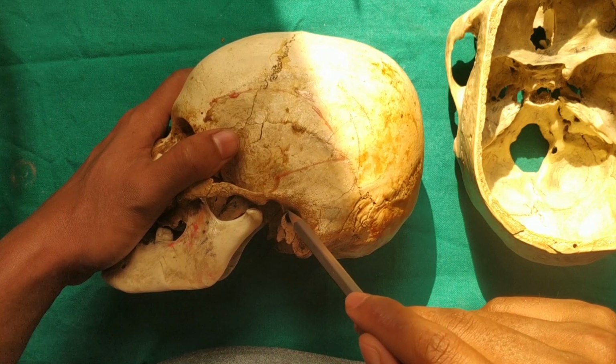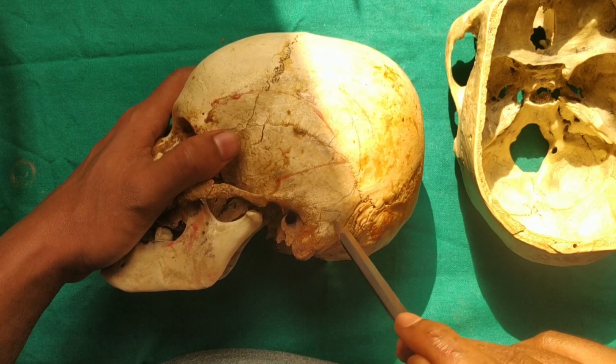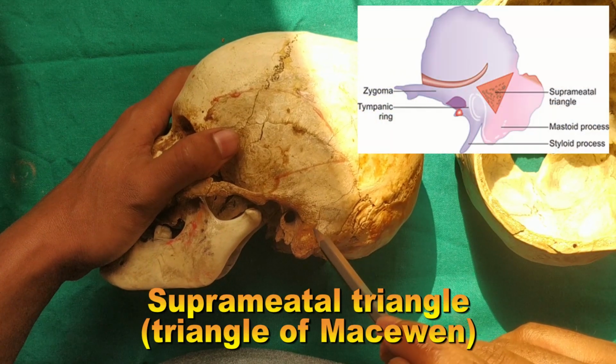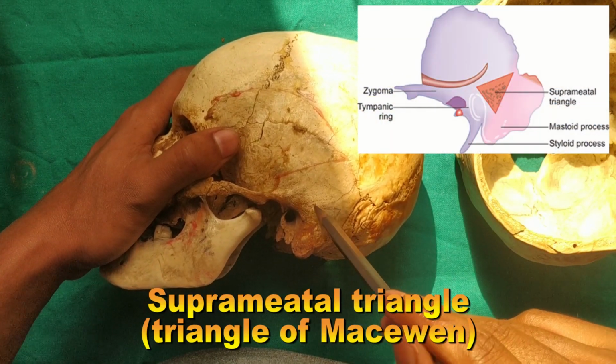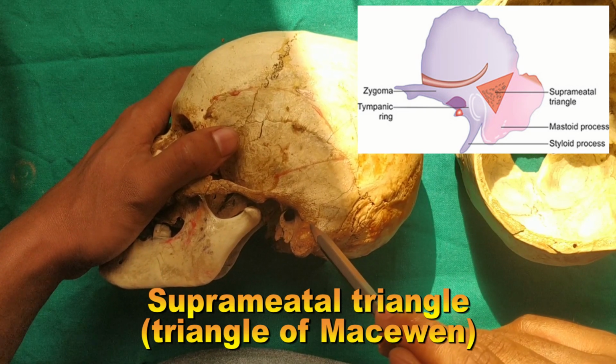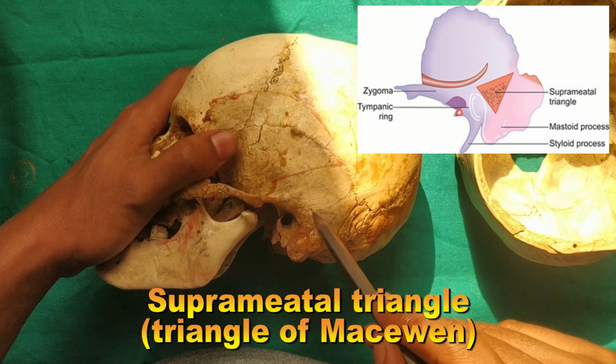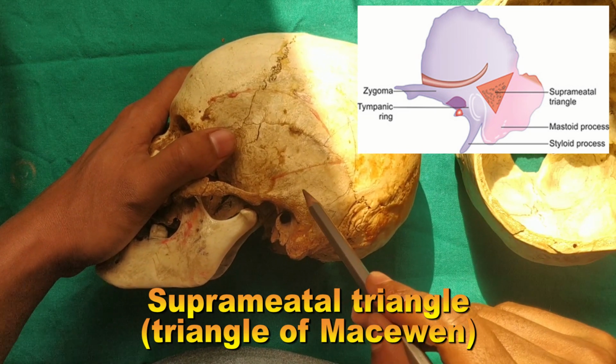Just behind the external acoustic meatus, a depression is present. This depression is called the suprameatal triangle or triangle of McEwen. It is a small depression posterior superior to the meatus, and it is bounded above by the supramastoid crest.